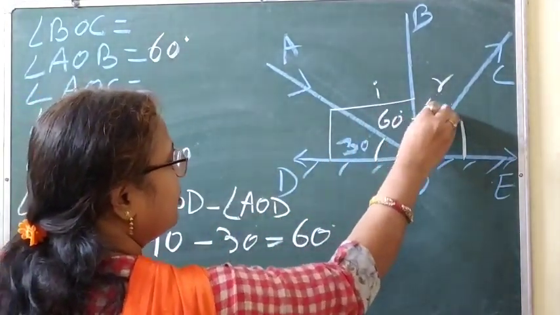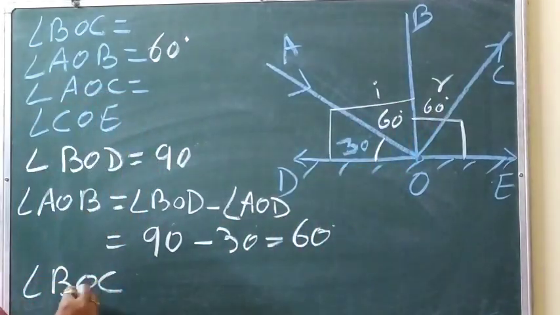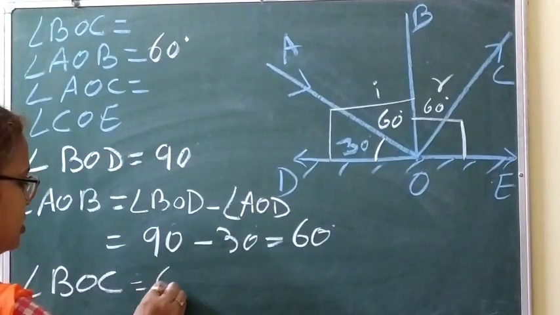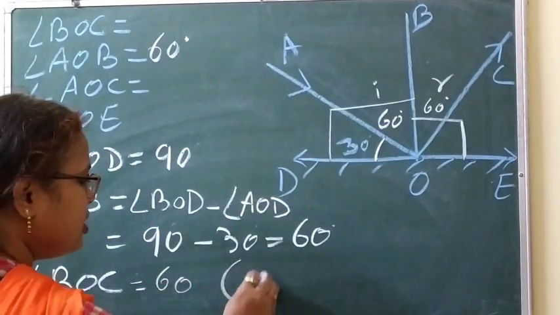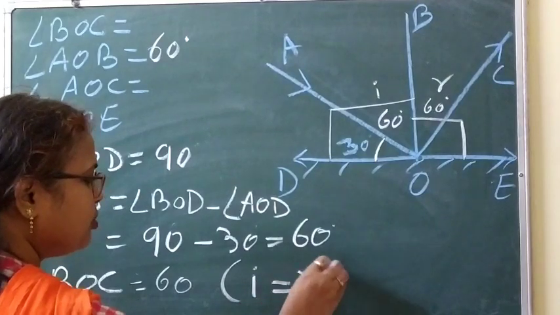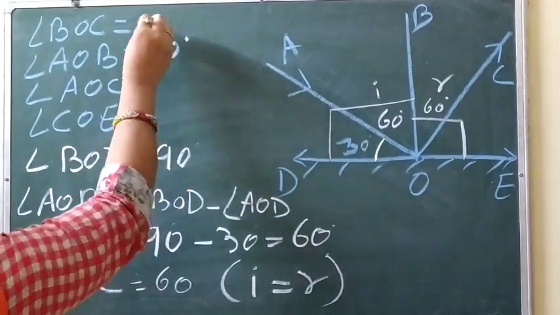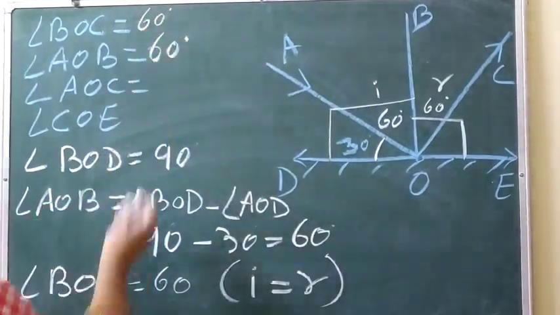Means this value will also be equal to 60 degrees. So angle BOC is equal to 60 degrees. Why? Because angle of incidence is equal to the angle of reflection. Clear? So BOC we can write here 60 degrees.